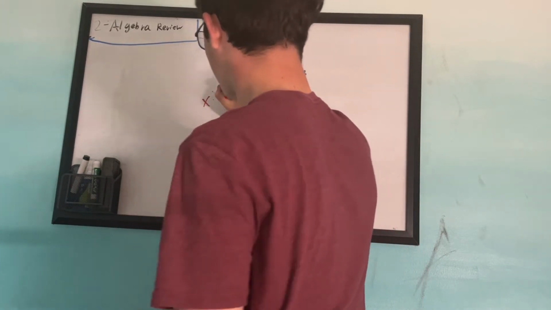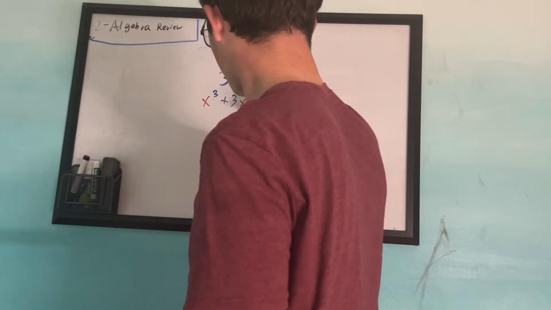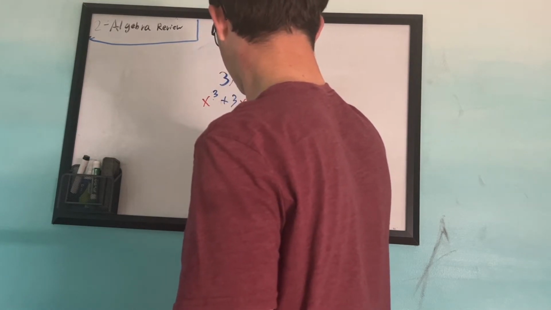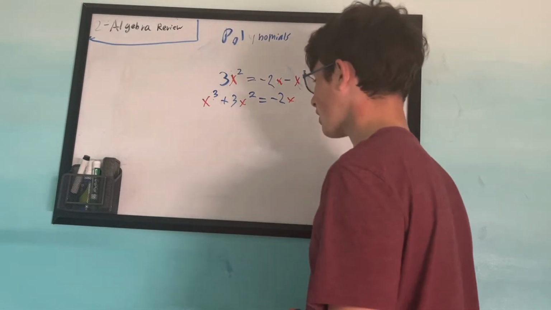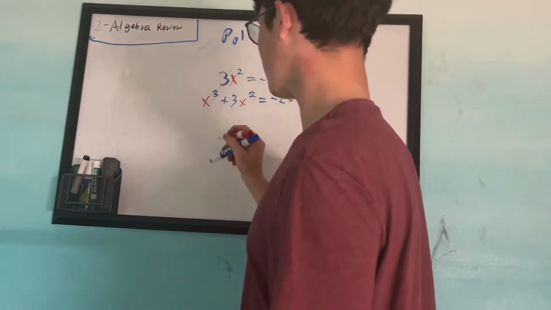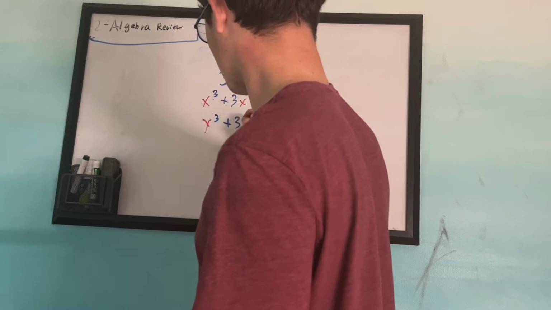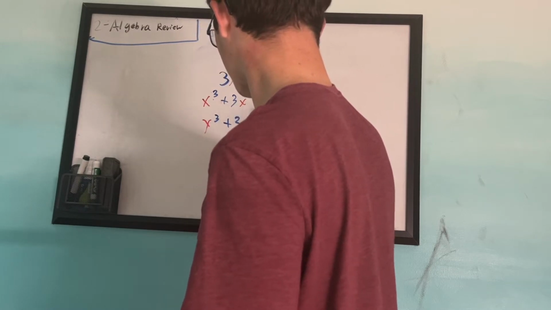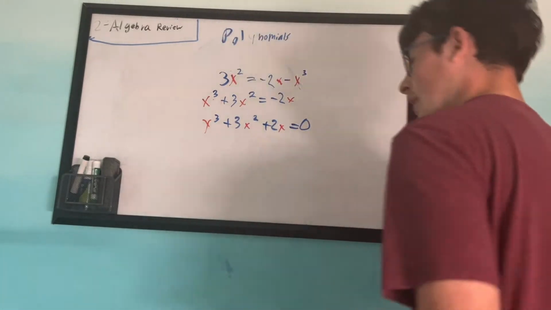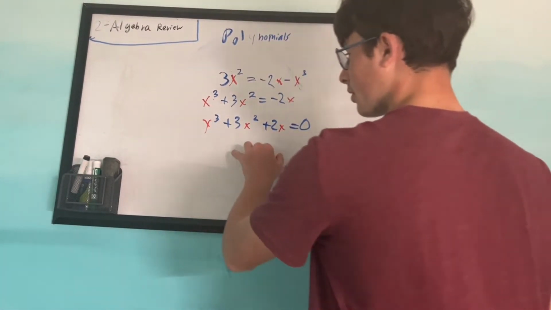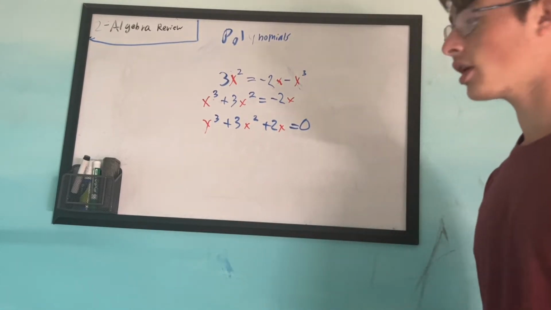Oopsies. x cubed plus 3x squared equals -2x. And then we can do the same thing again where we add 2x to both sides. So we get 0 on the right side. We get x cubed plus 3x squared plus 2x equals 0. And then from here we can also look and figure out what common factors are shared by every single number in the polynomial.